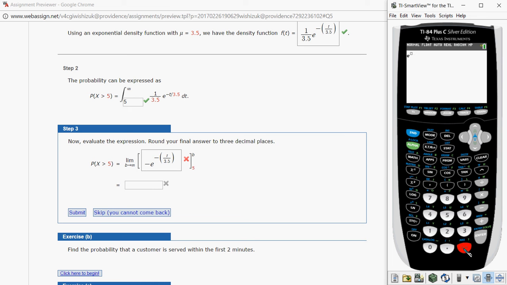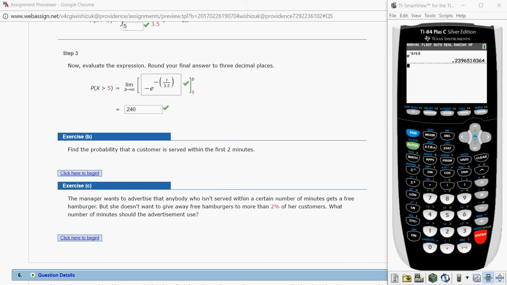Let's compute that. It came out to be 0.239, but to 3 decimal places it's actually 0.240. Let's submit. We got step 3 correctly.